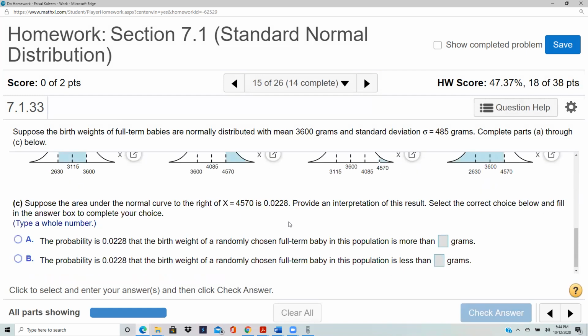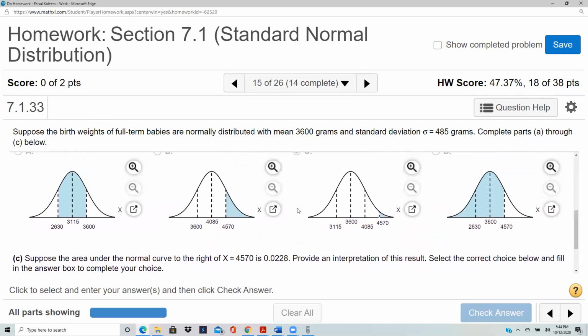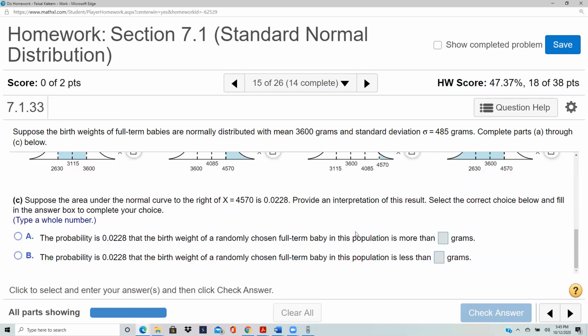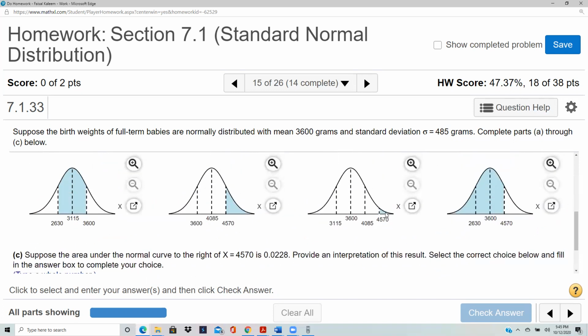Suppose the area under the curve to the right of x equals 4570 is 0.0228. So what they are saying is this area on the right is 0.0228, the blue area. Provide an interpretation of this result. Select the correct choice below. So the area always represents a probability.